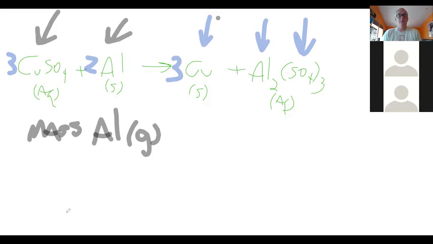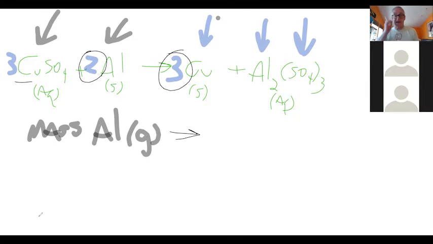Right. So what's the first thing we want to do with our mass of aluminum? Find its mass in grams. We find the mass in grams, and then what do we do with that information? What do we need to convert it to? Because you've informed me that all these numbers here are mole numbers.